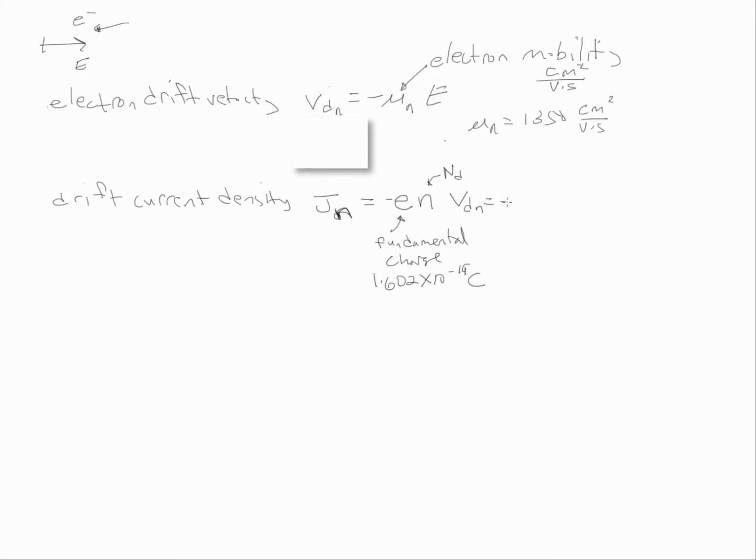And then if you put in what that is, minus mu_n E, you get plus q N mu_n E. And so that's the drift current density for an N-type semiconductor.